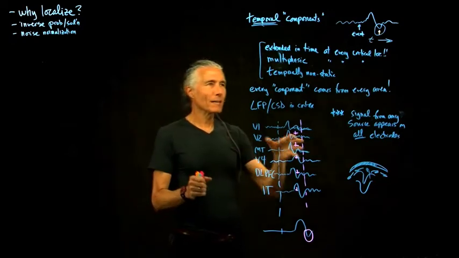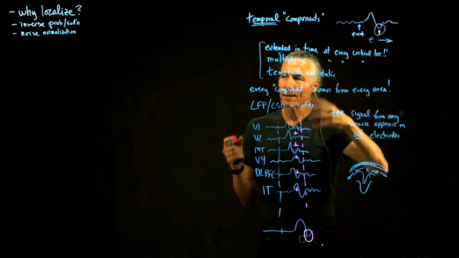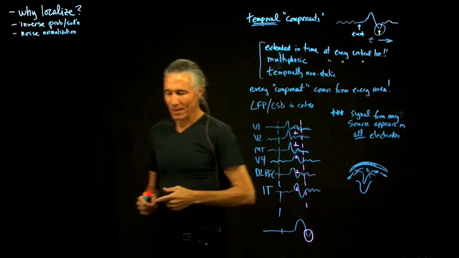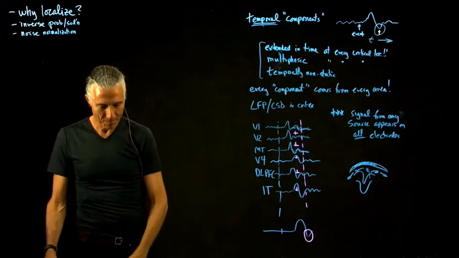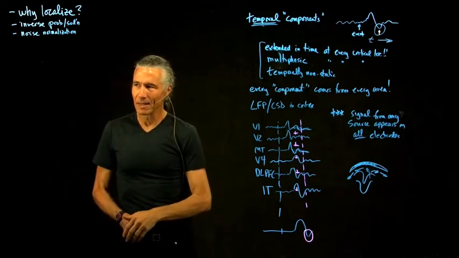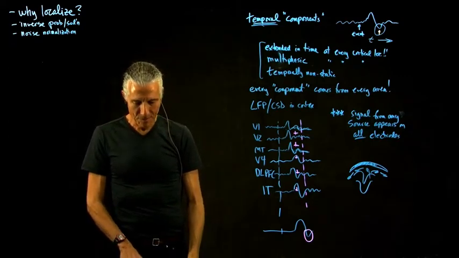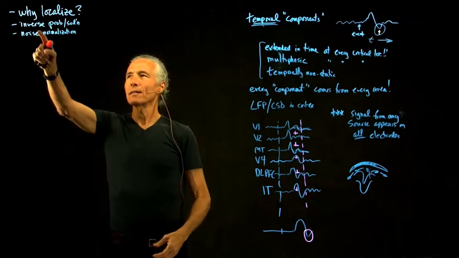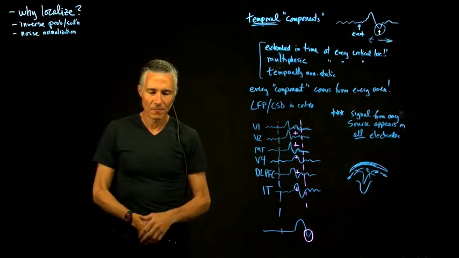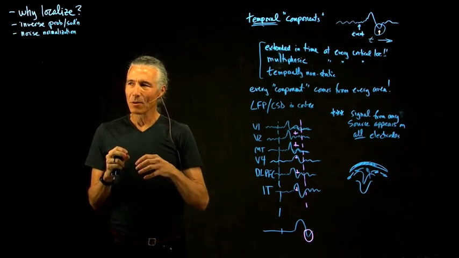So that's the motivation. Let's get beyond components. There's a giant literature of trying to attach psychological functions to individual temporal components, and I think we can do better. So how can we do better? And why haven't people done this? It's a little technical, and there are certain kinds of problems that come up when we look at the inverse problem that make it a little difficult to localize deep sources.